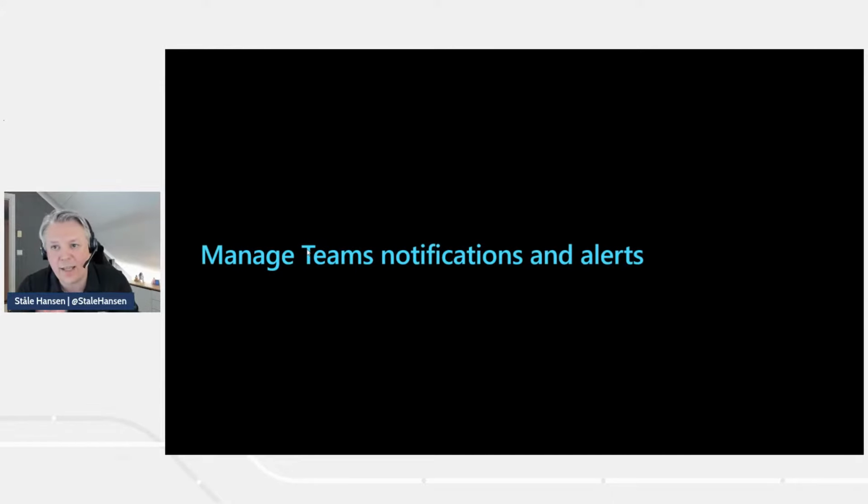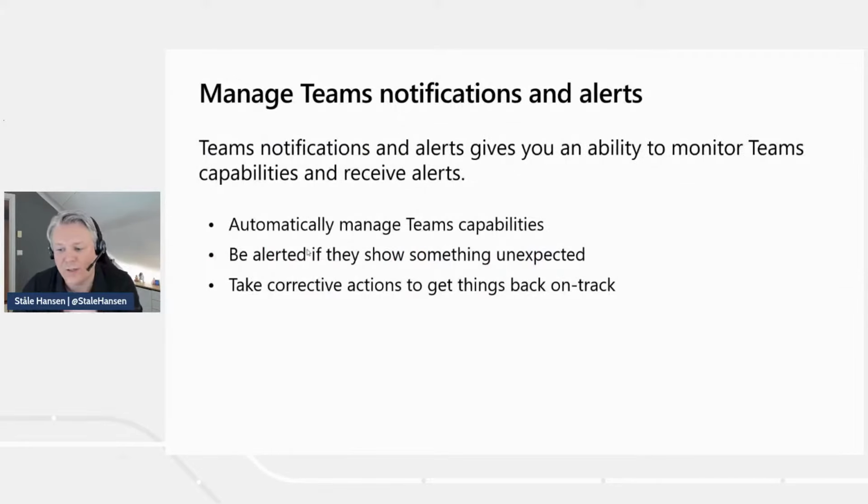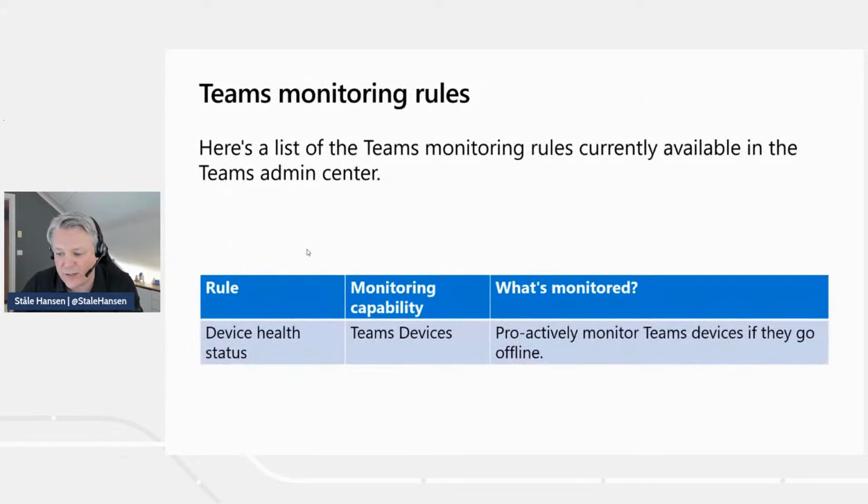And then let's round off here and look at notifications and alerts. So this is how you can monitor your devices, especially your Teams room devices that are based on Windows, where you can get some notifications and alerts.